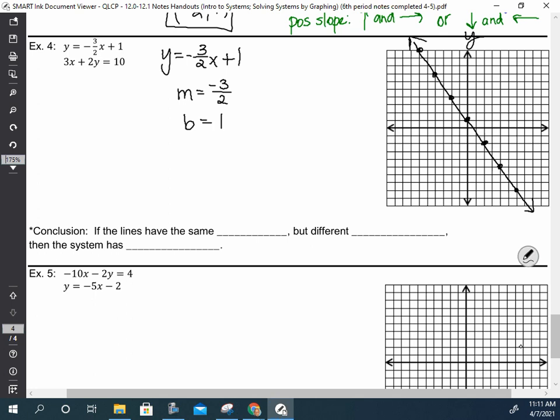So first equation, it's already set up for us, so we're good to go. Second equation is not set up for us. So this has to get rewritten before we can proceed. So how do we rewrite this?